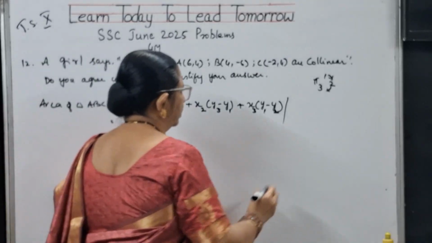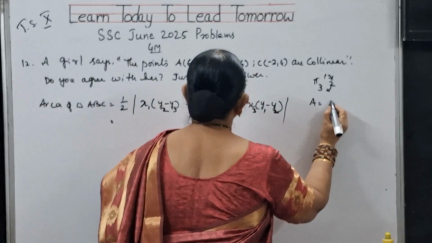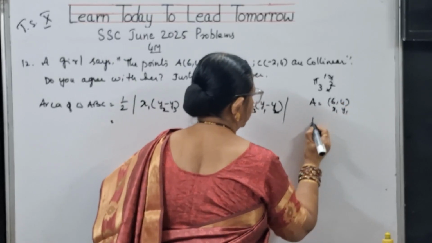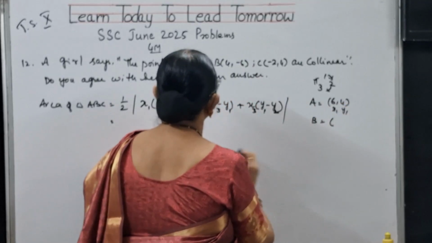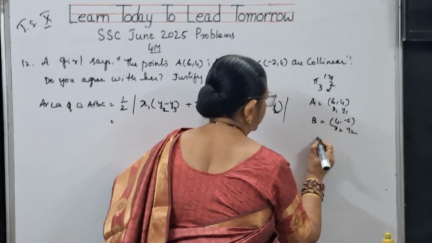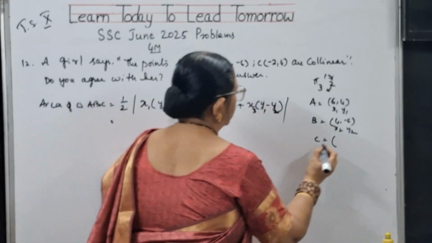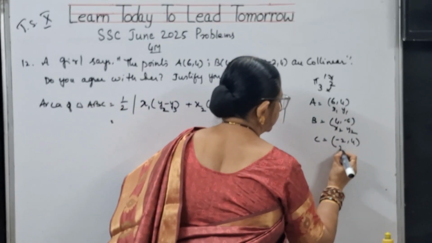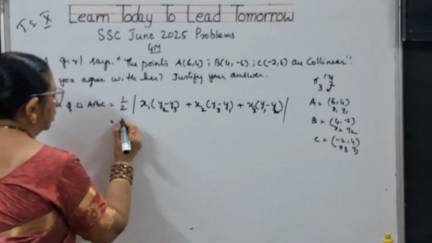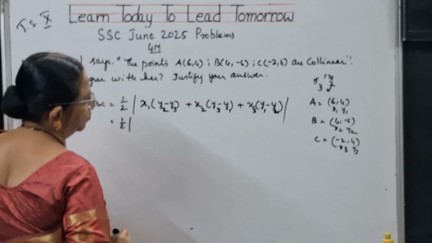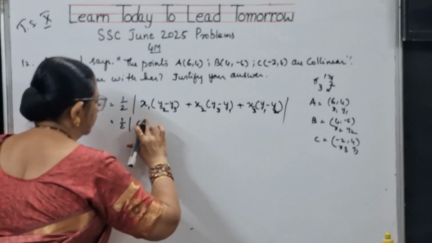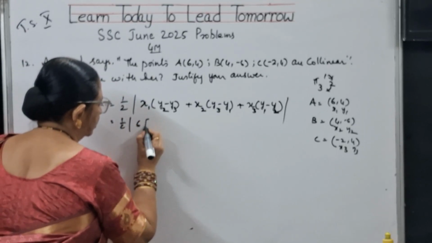So coordinates of A. A is having 6, 4. That means x1 and y1. B coordinates are 4, minus 6. This becomes x2, y2. And C coordinates are minus 2, 4. So x3, y3. So you have got values here. So half modulus, x1 is 6 into y2 minus y3. Y2 is minus 6, so let me draw this big bracket.